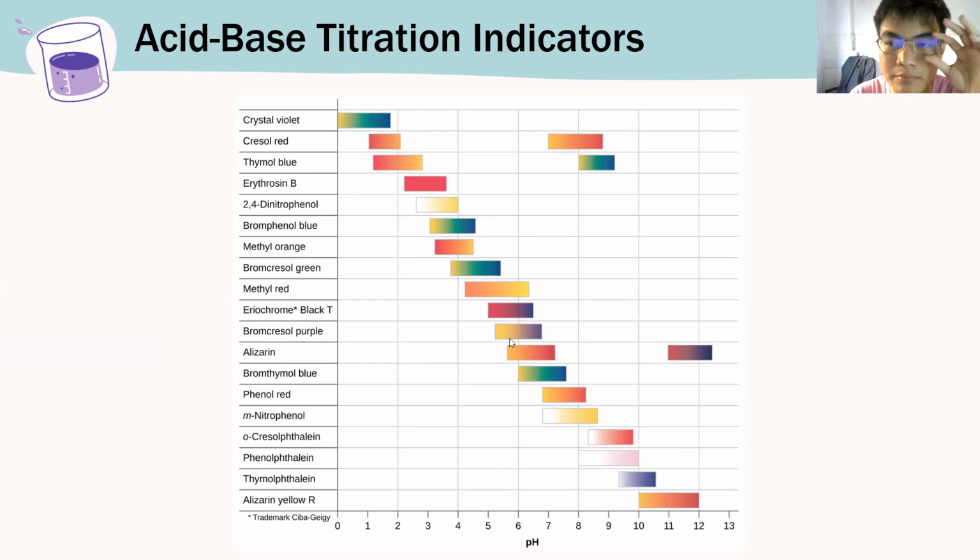So ganito, bigyan ko kayo context. If you have a strong acid, strong base titration, acid yung analyte, base yung titrant, ano yung mga pwede mo gamiting indicator? So, indicators that are near pH 7. So actually, pwede pala yung nitrophenol, pwede yung orthocresol, pwede yung phenolphthalein, kasi malapit siya dito sa 7. Pero yung mga beyond 10, hindi na pwede yan.